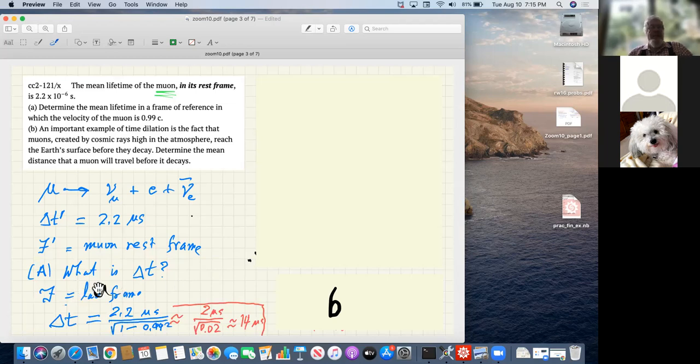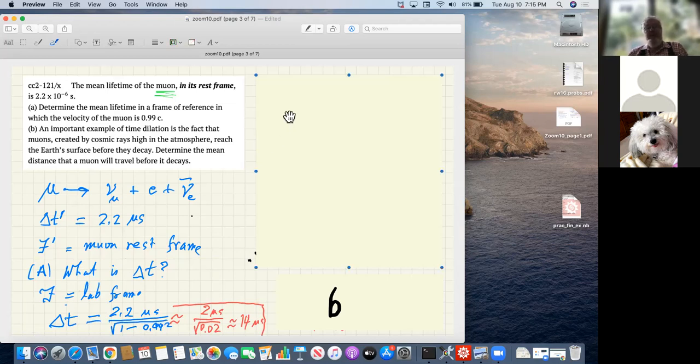So the question is, what is delta t, the time interval from the creation of the muon until it decays in the frame F? I call it here the lab frame, but I could think of it as the Earth frame of reference.